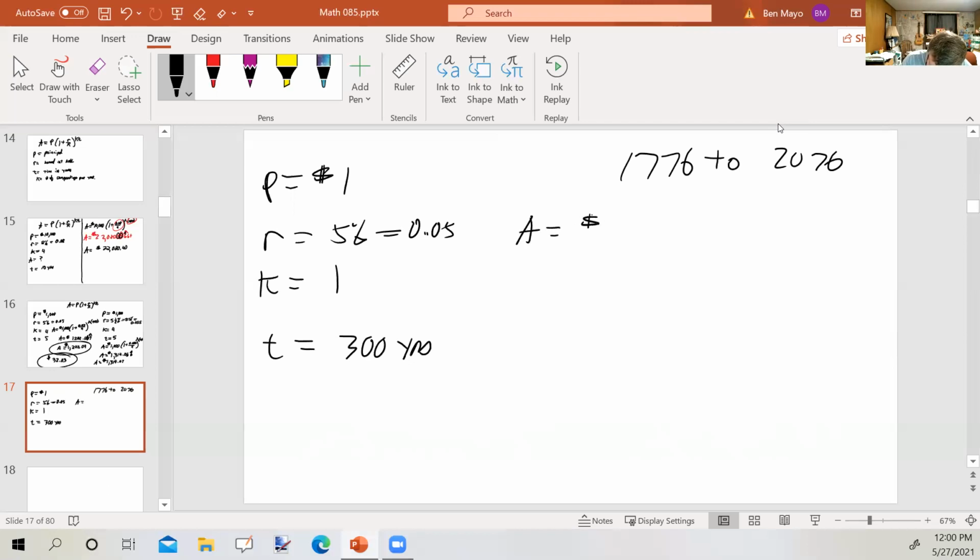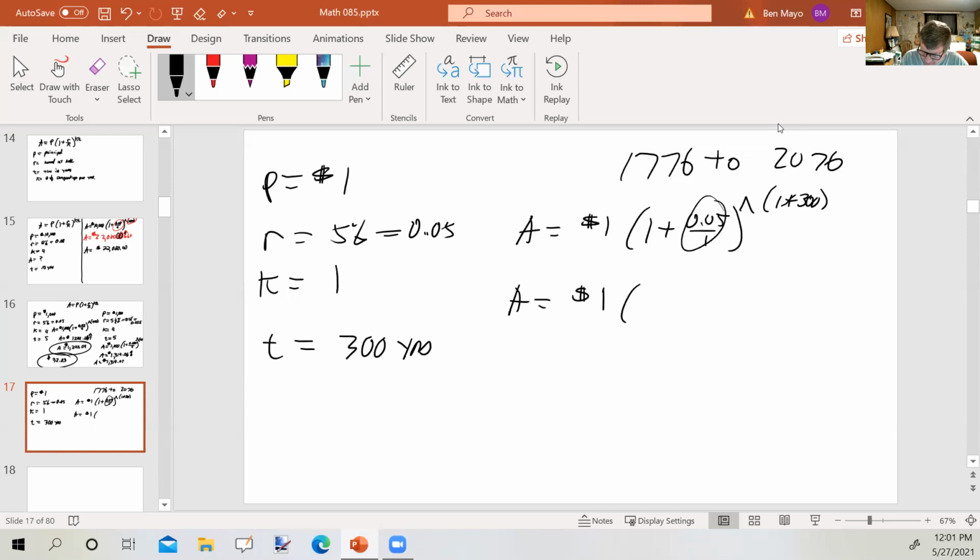Okay, so A equals $1 times 1 plus 0.05 over 1 raised to the 1 times 300 power. A equals $1 times, well, 0.05 divided by 1 is just 0.05, and plus 1, we get that. And 1 times 300 is that, right?